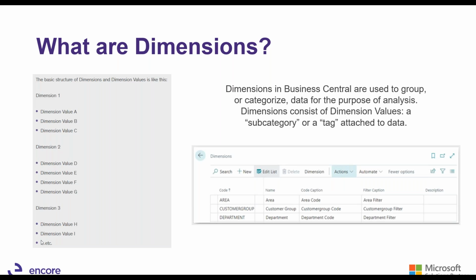So over to the left here, you can see the structure of dimensions versus the dimension values. And you can have as many dimension values as you want, but for the main dimensions, we do suggest having up to 8 within the system. However, you can have more. It just gets a little bit more confusing and involved when you're doing reporting.